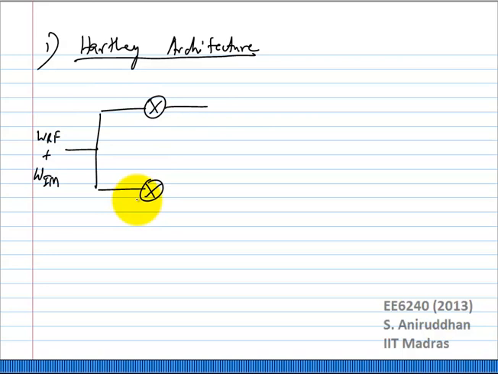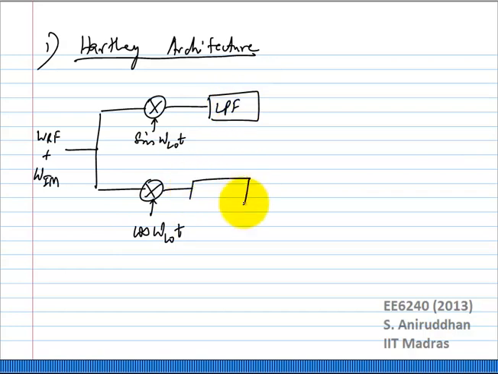What I'm going to do is mix the signal plus the image with the sine and cosine of the LO signal. Then I'm going to low pass filter the two outputs to get rid of the omega LO plus omega RF component.